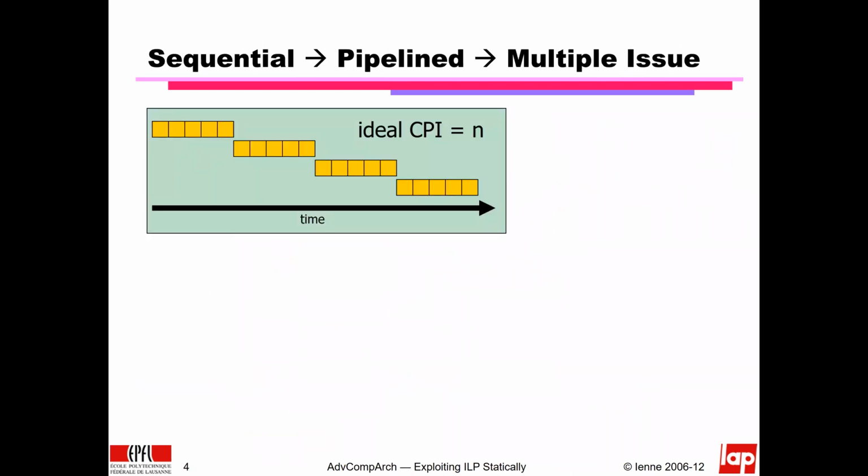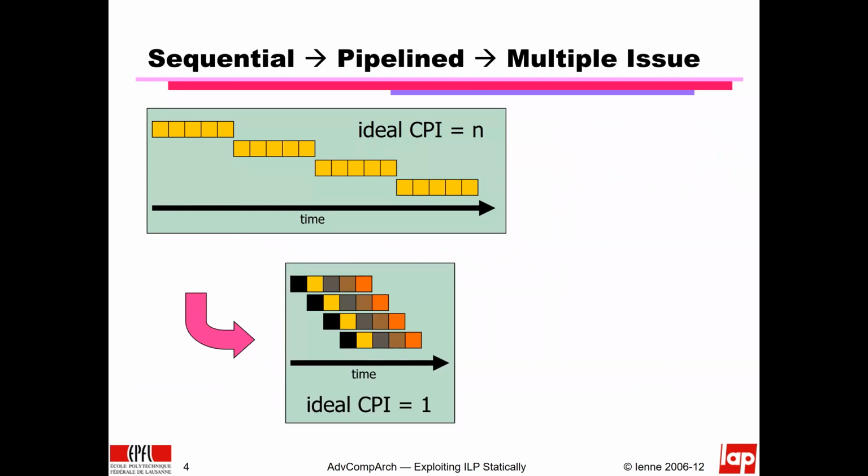So we started from this machine that is completely sequential. Then we had pipelining to achieve ideally a CPI, a number of clock cycles per instruction, equal to one, one instruction produced per cycle, which of course never really happens, but is the ultimate hope that we have with pipelining.